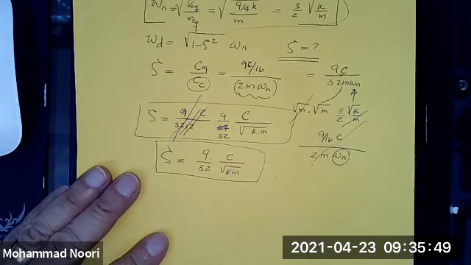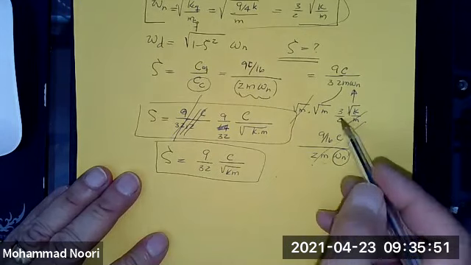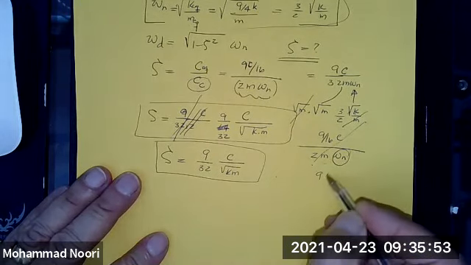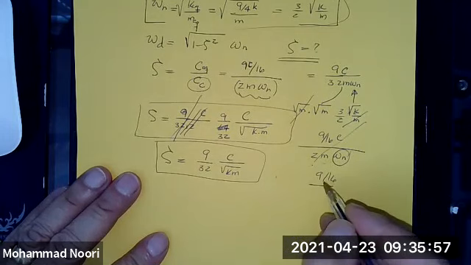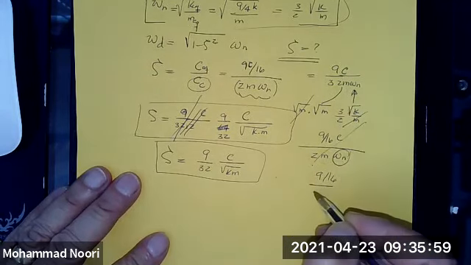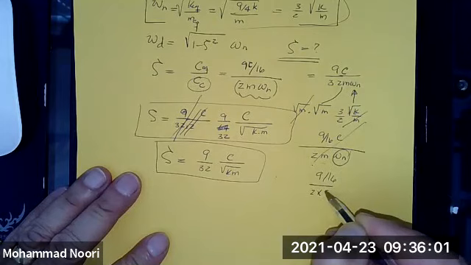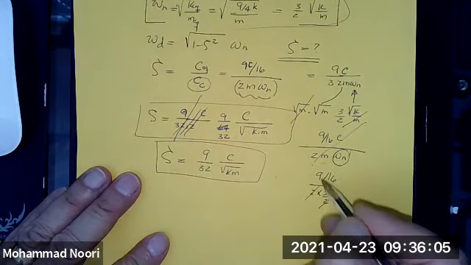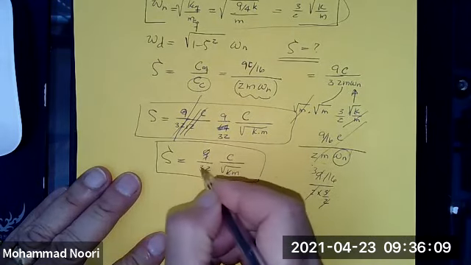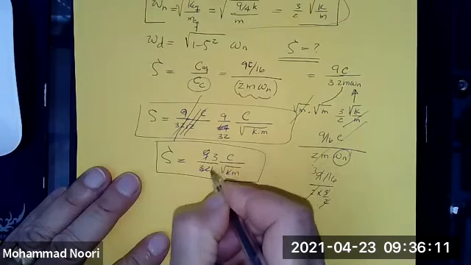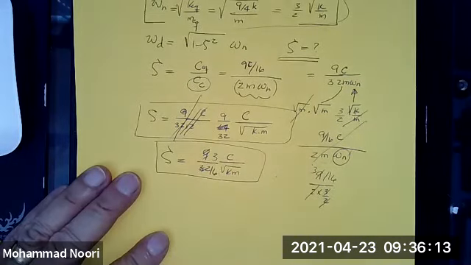You see that? So if you do that, you have 9/16 over 2 times square root of 3 over 2. So this and this cancel out, 3 and this become 3. So this becomes actually 3/16 of c over square root of k m. You follow me?